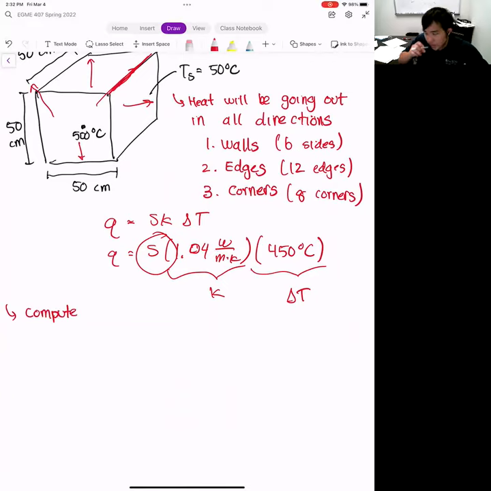And for this box, since we have just one box, it's just going to be one shape factor. All right.